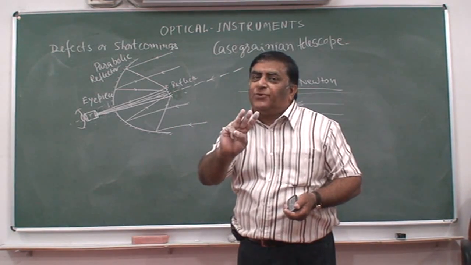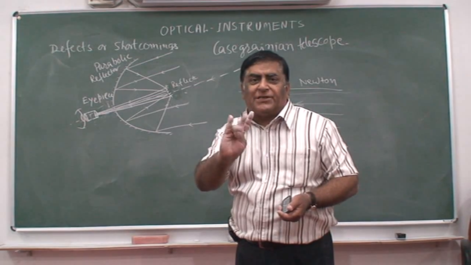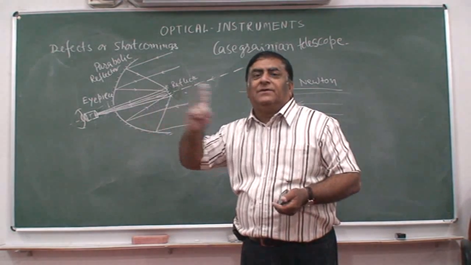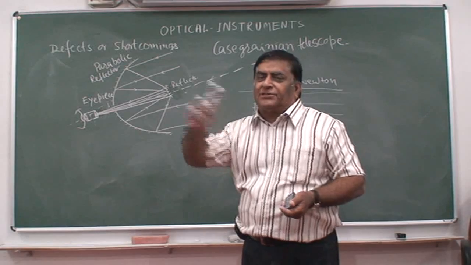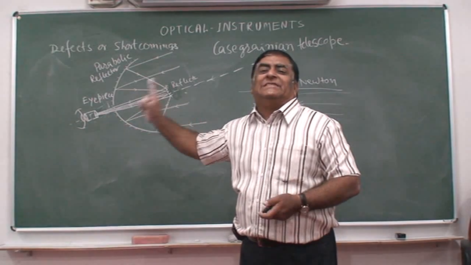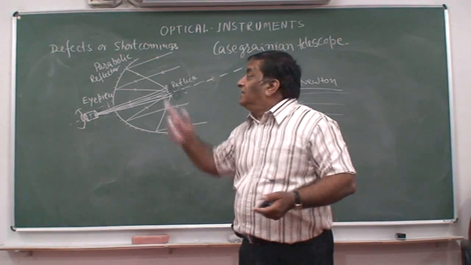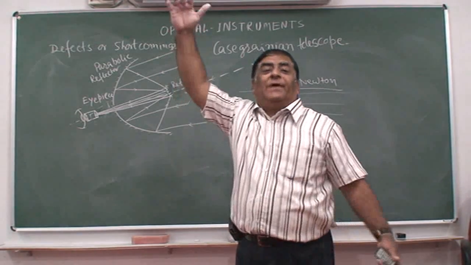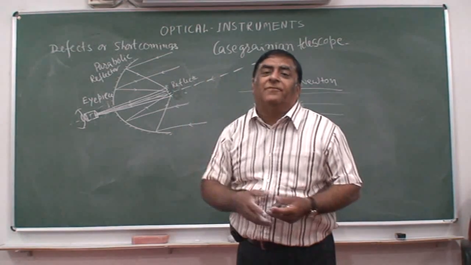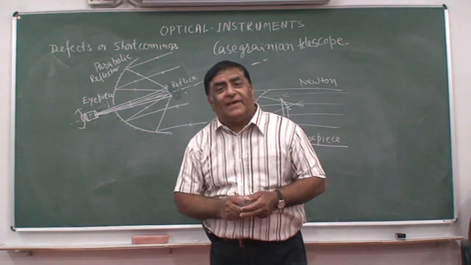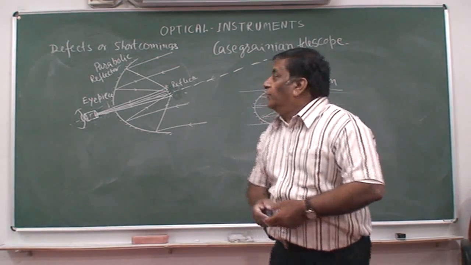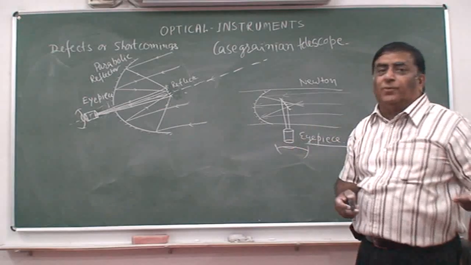So minimum 3 points you have to give. Chromatic aberration, not here. Spherical aberration in refraction, not here. Very easy to handle because these are lightweight. And the aperture can be made very large so that the total number of rays and the brightness of the image is much more. So this is all about the telescope.